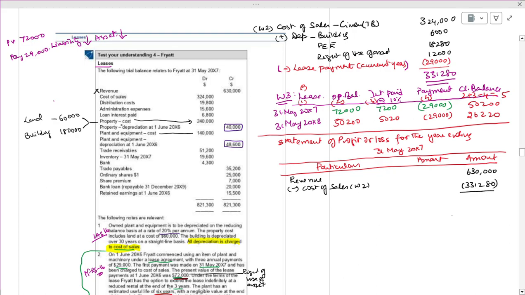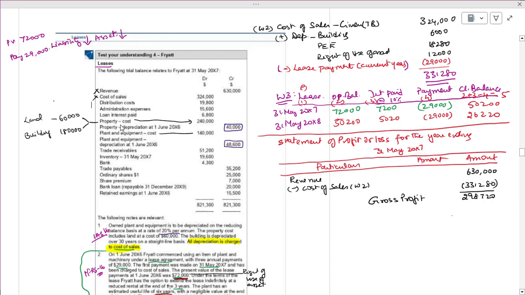How much will you get? 298,720. Next, this is also over.